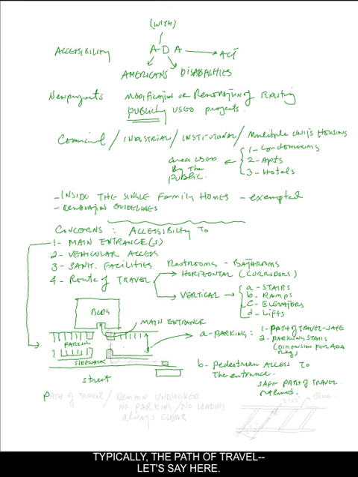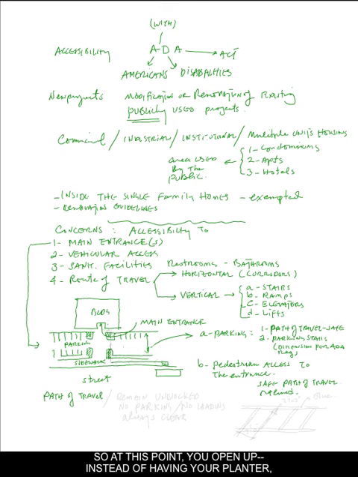Typically, the path of travel, let's say here, this person gets dropped off at this bus stop and comes by the wheelchair on the sidewalk, and you need to provide this person with a way to get through to this building. So let's say these are the areas that are planters or not parking areas.